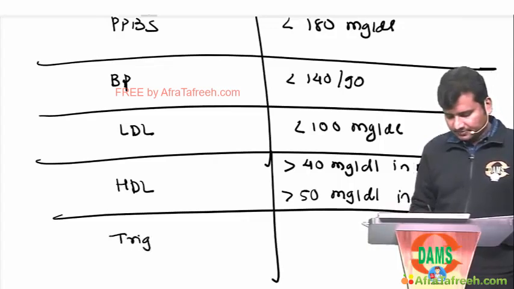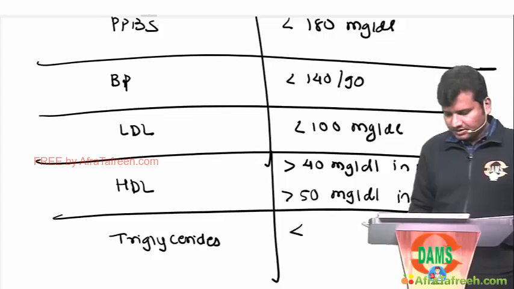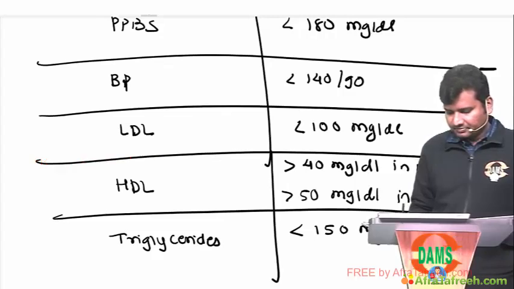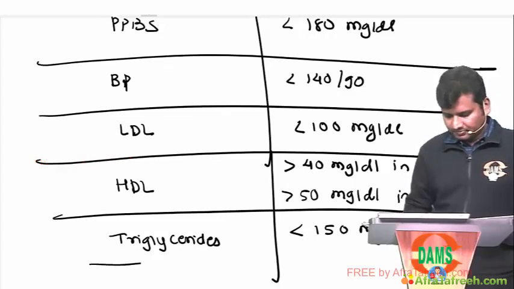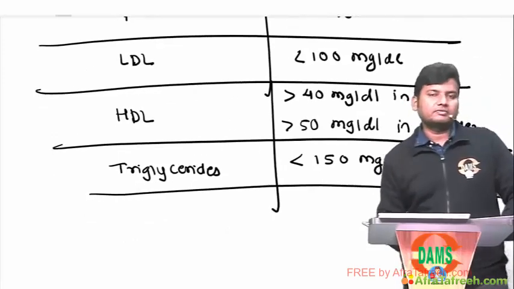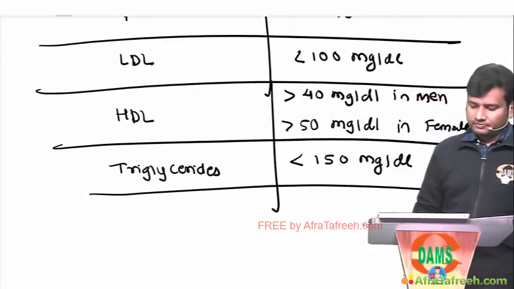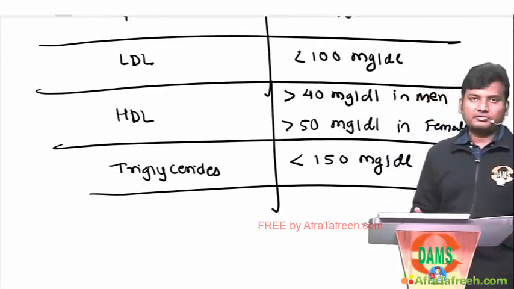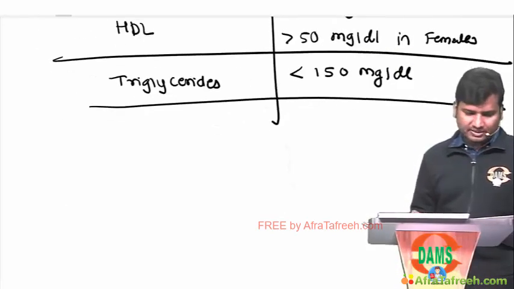Triglycerides less than 150 milligram per dl. So this is our target in diabetes. Now we want to start the treatment. So, management of diabetes.